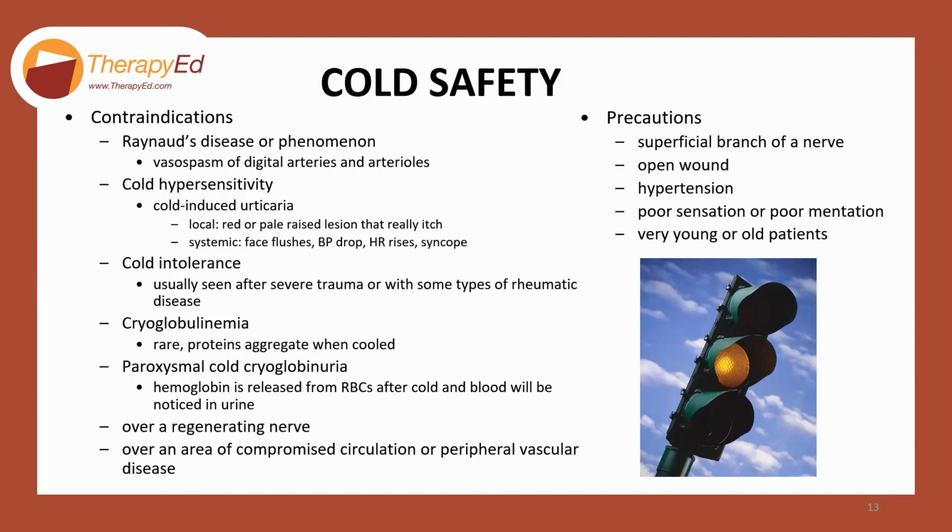You wouldn't put it over a regenerating nerve or over areas of compromised circulation. Precautions include if there's a superficial branch of the nerve, or an open wound, because that decreases the wound's metabolism and will slow its rate of healing. Also uncontrolled hypertension, poor sensation or mentation, and very old or very young. And so that brings us to the questions you should always be asking, especially with cold safety.